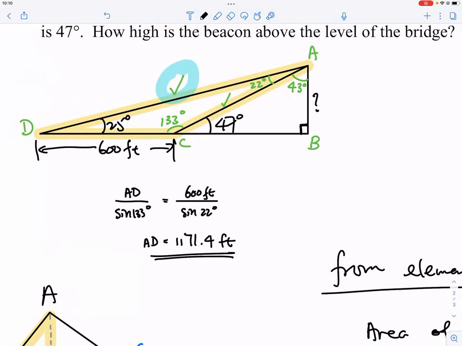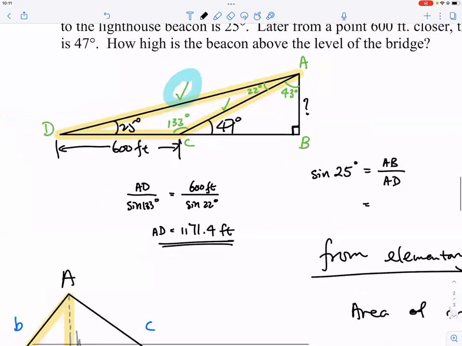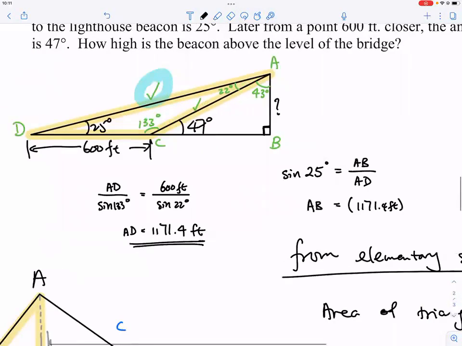And then, if you have the opposite and the hypotenuse involved, you can look at the big triangle right there: sine of 25 degrees is equal to AB over AD, opposite over hypotenuse. So AB is equal to 1171.4 feet times sine of 25 degrees.